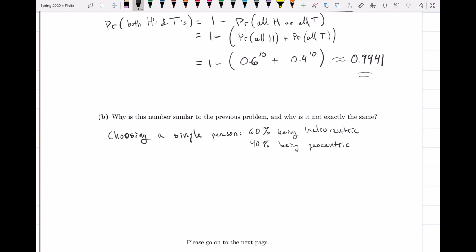So that's actually the identical situation to flipping our unfair coin. It had a 60% probability of being heads and a 40% probability of tails. The identity of the first person you choose is 60% one, 40% the other. So that's the initial similarity.